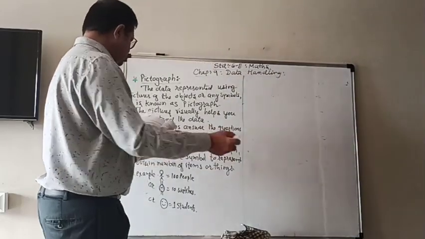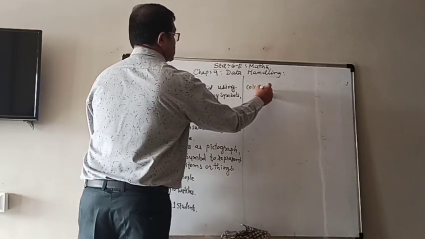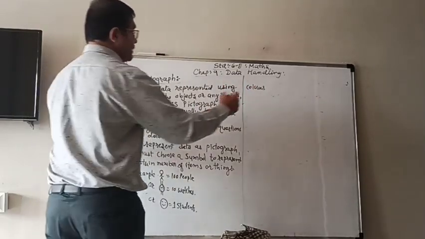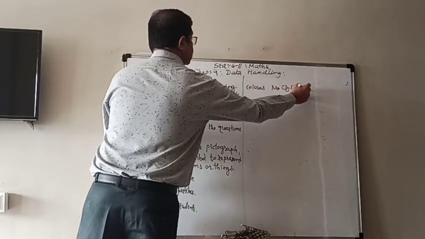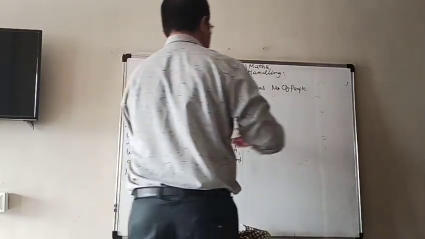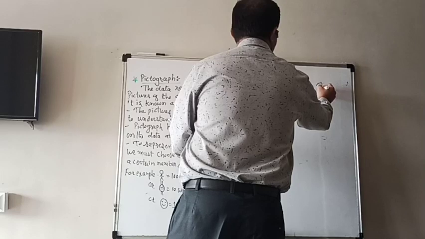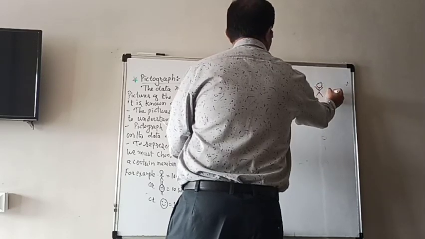What is there here? It shows the colors, and the number of people. And what symbol is used? They use a symbol like this: the person with their hands up.